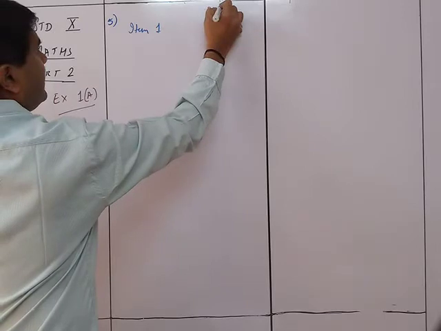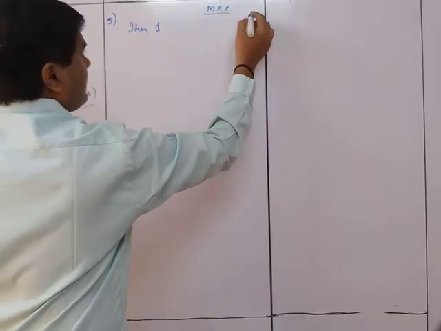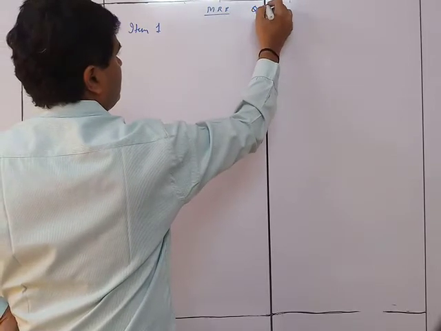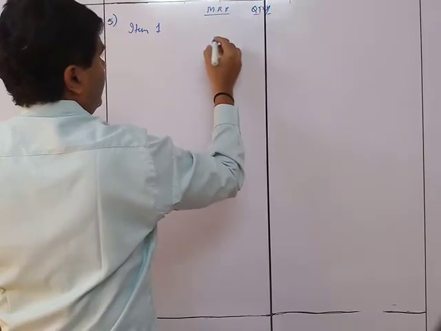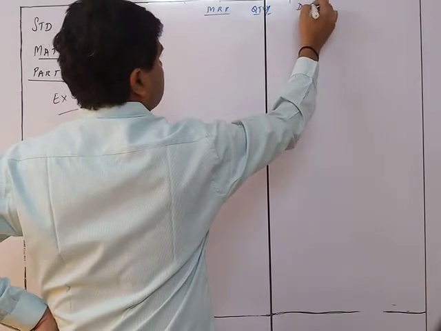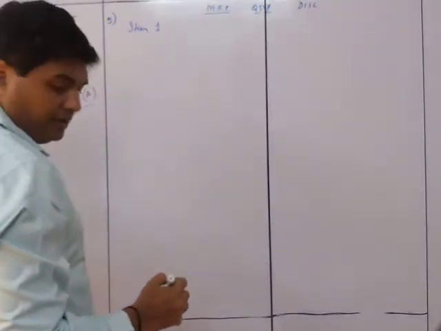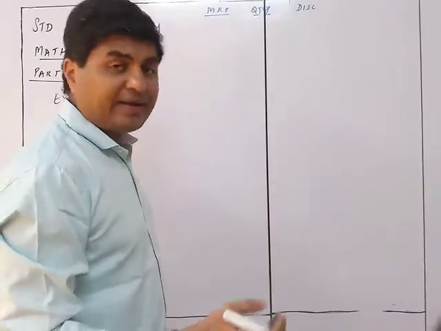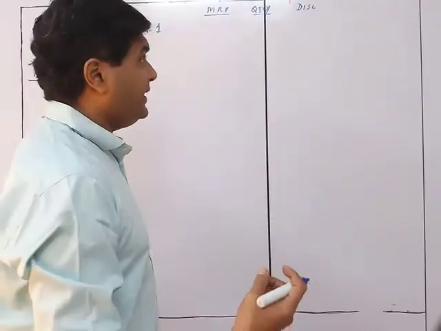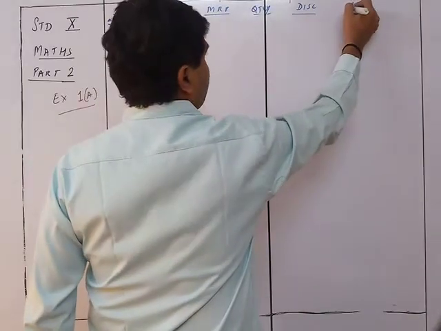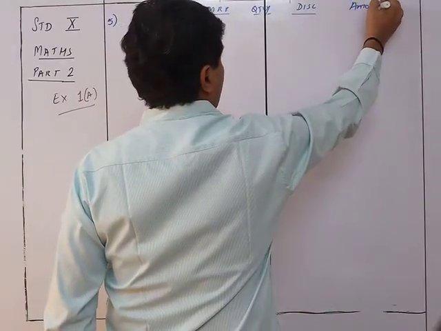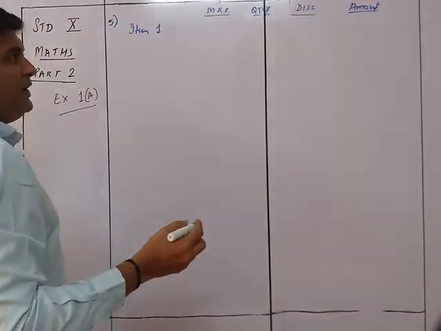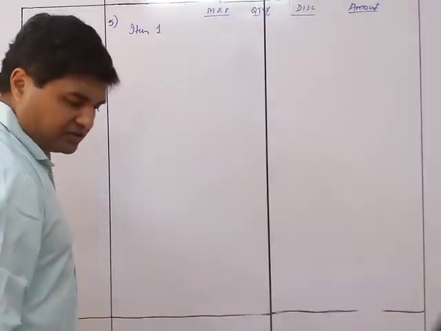We have the MRP, the quantity, and then the discount. Because everything is taxed at the same rate, we can find the taxation directly at the end. So we'll just find the discounted amount over here, because the 18% calculation is very difficult, so we need not do that for each and every case separately.